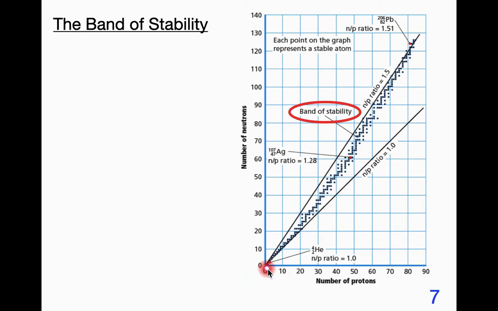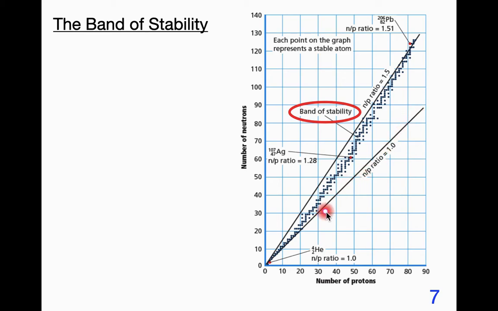So hydrogen is atomic number 1, helium is atomic number 2, lithium is atomic number 3, calcium is atomic number 20, on and on. Well, if you had an equal number of protons and neutrons, well, then the line would be right here. And that's what this line represents, an equal number of protons and neutrons.